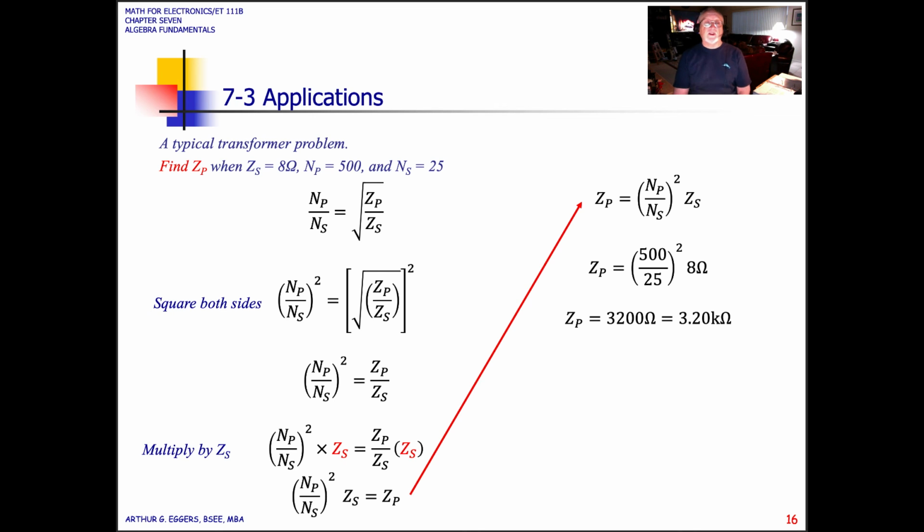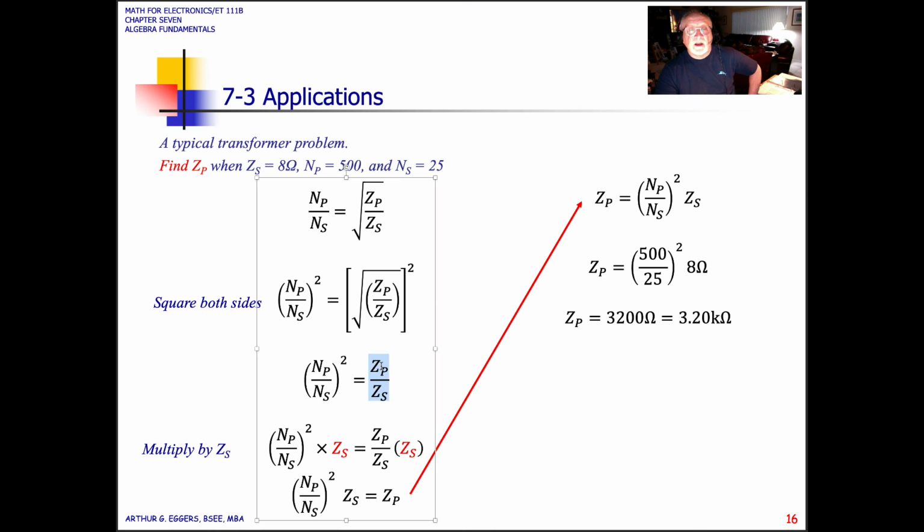So the first thing we need to do is we need to massage our relationship here, because it has asked us to solve for the impedance in the primary, Z sub P. So we take our expression, and the first step is squaring both sides. We do this naturally because we want to get rid of that radical on the right side of the equation. So if I square the ratio of the number of turns and I square the square root of the ratio of the impedance, I end up with then the impedance by itself.